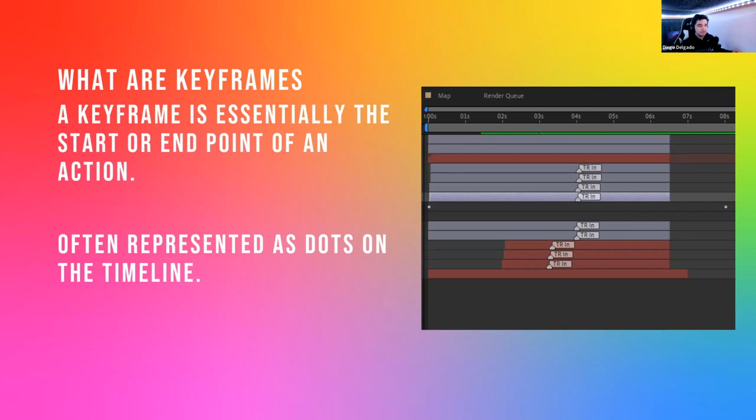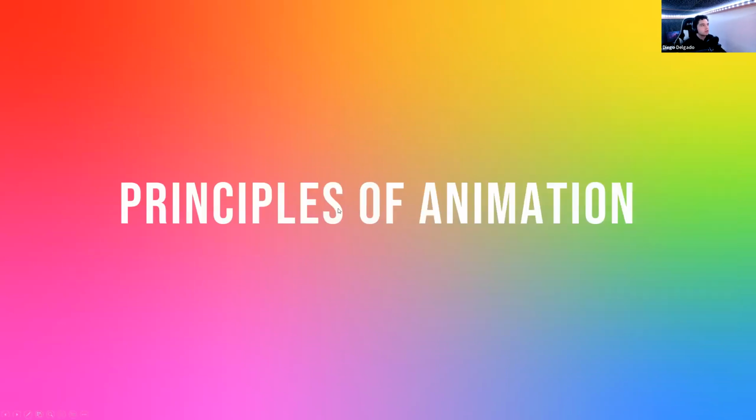We'll talk more about keyframing when we actually open up the software, and it'll probably be a little more understandable that way. But I did want to make you start thinking about marking the start of an action and the end of an action, and how that might look when you're editing something.